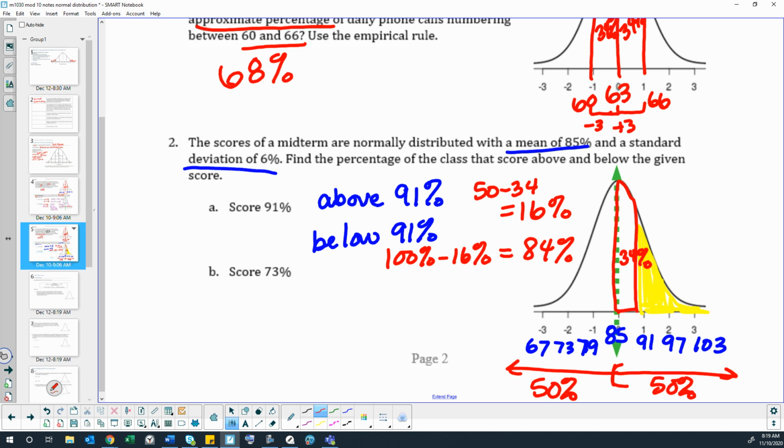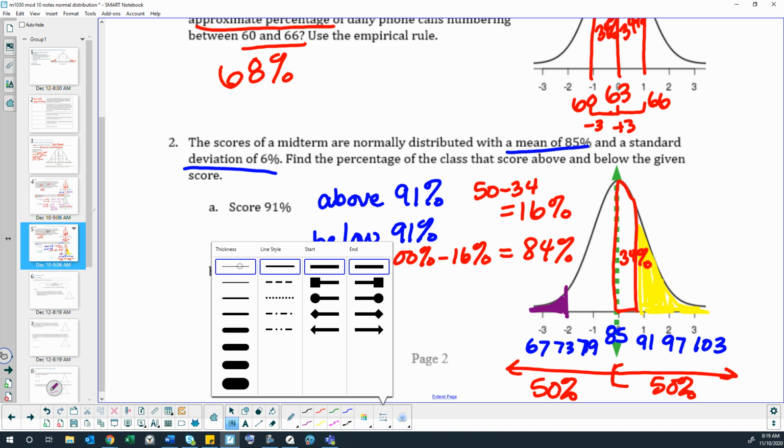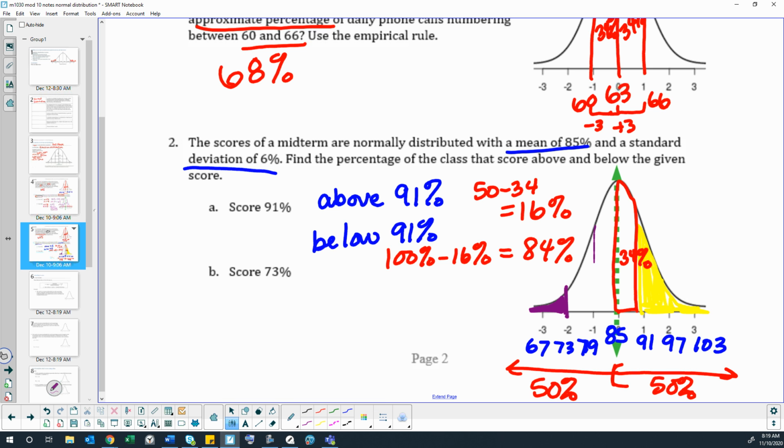All right, let's look at our score of 73. So that would be here. Go ahead and highlight this section this time, our little below piece. And then let's remember what our empirical rule numbers are. So this is 34.